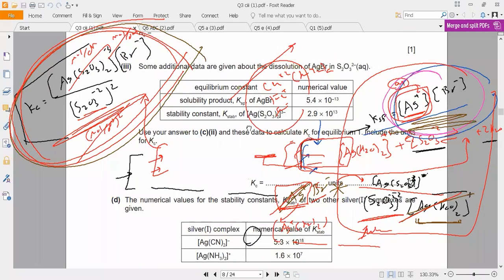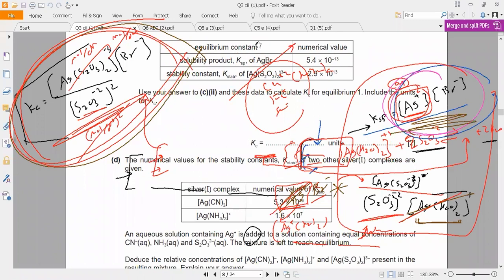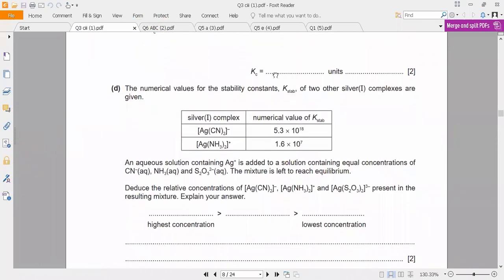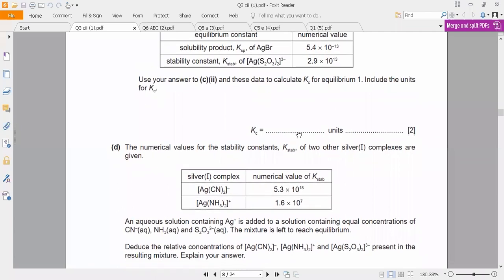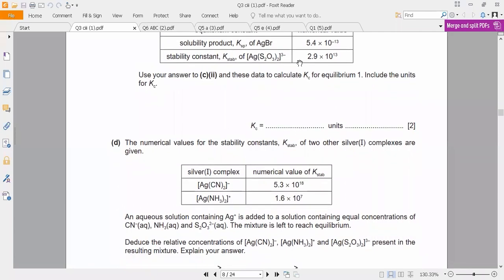So we are moving now to the next part of the question. I will erase all of this. The numerical value of Kstab of two other silver complexes are given. Don't forget, before we have a value of another silver complex, which is this.